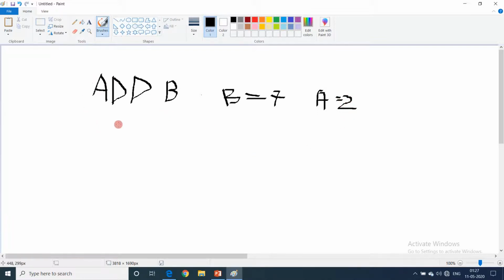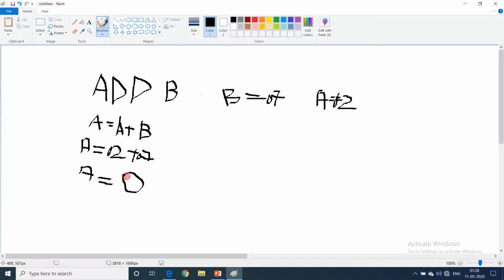So the meaning of ADD B is A equals A plus B. So A equals 2 plus 7. Let us write B holds 07, A holds 02. So A is equal to 09.